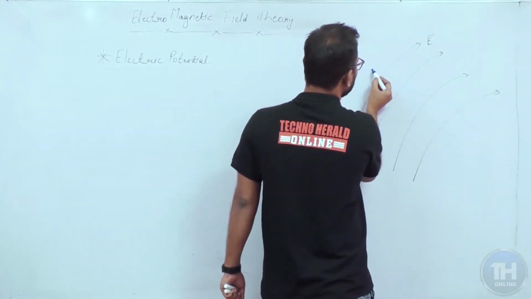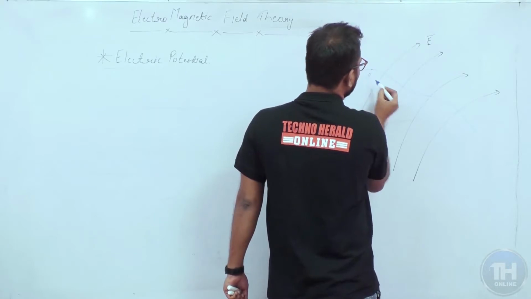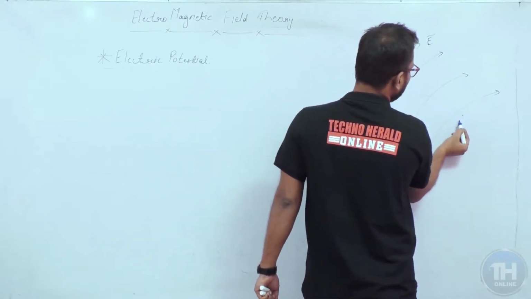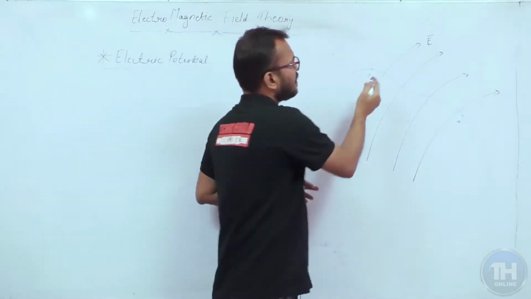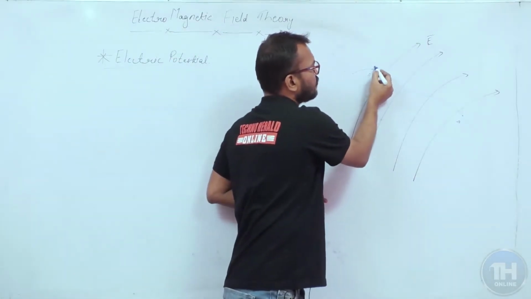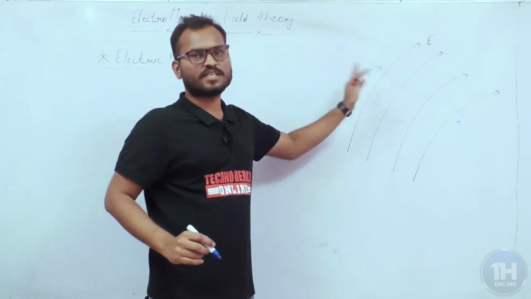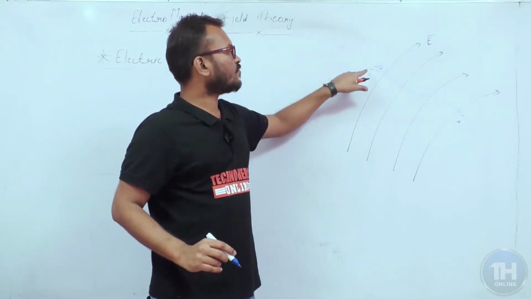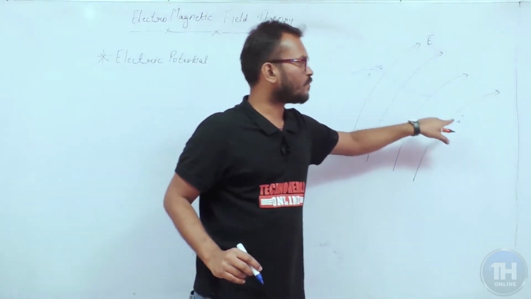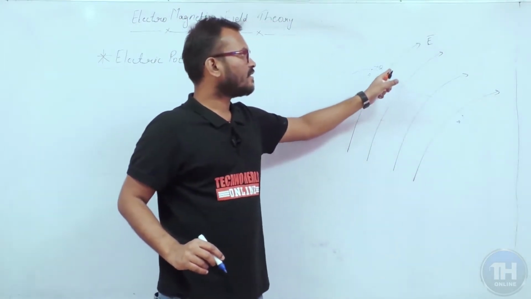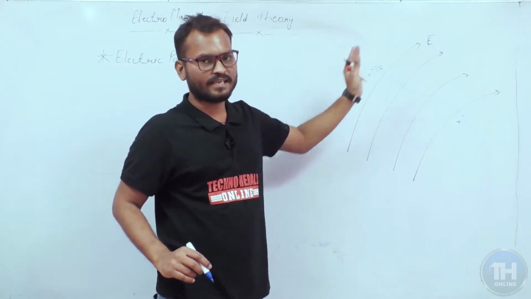Let us take two points A and B on this path, and suppose that a plus Q charge is present on this path, and we wish to move this plus Q charge from the point A to the point B in this electric field E.